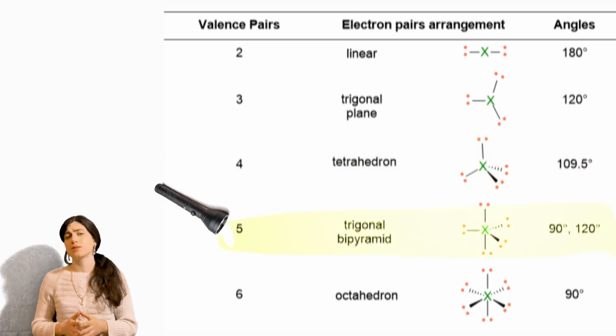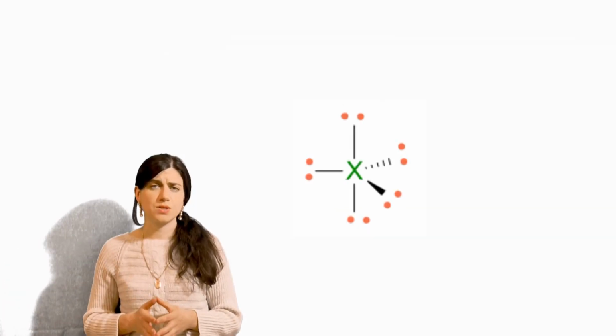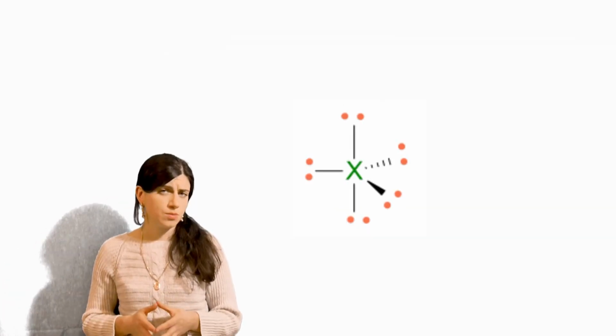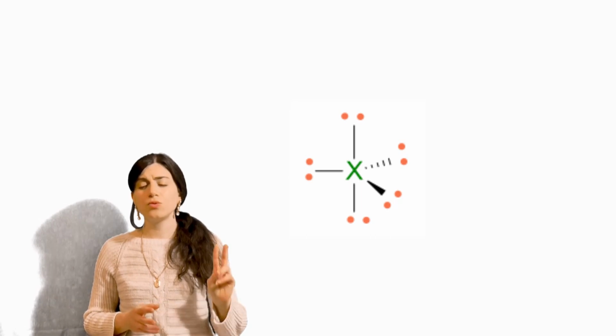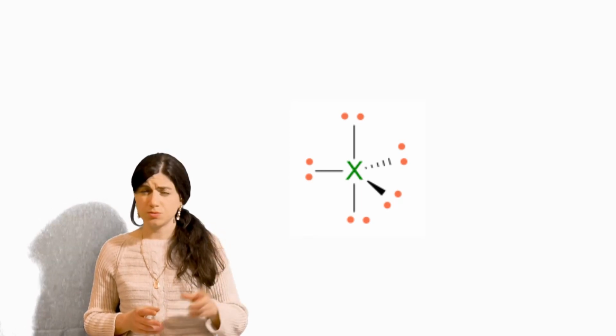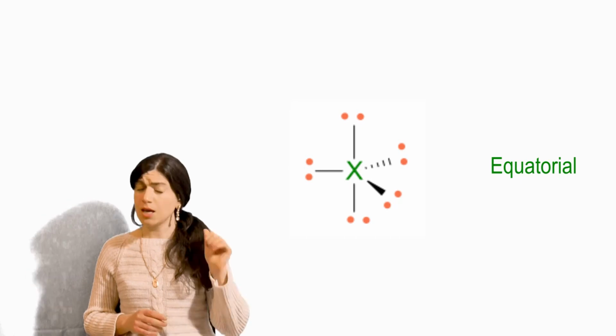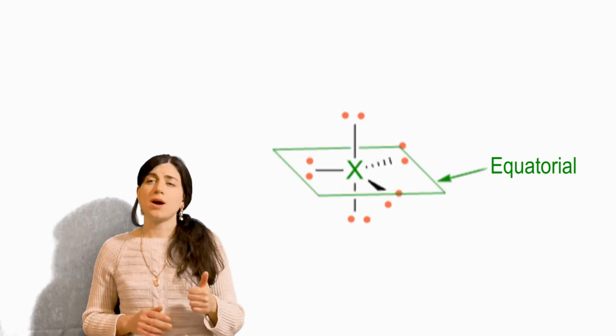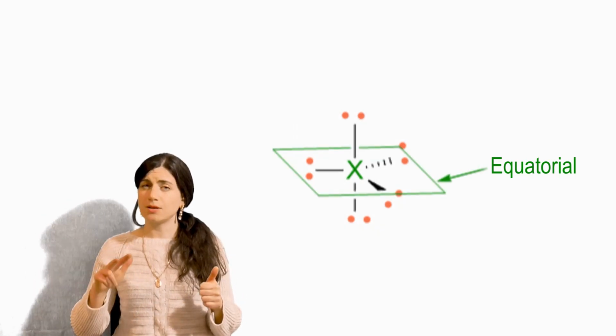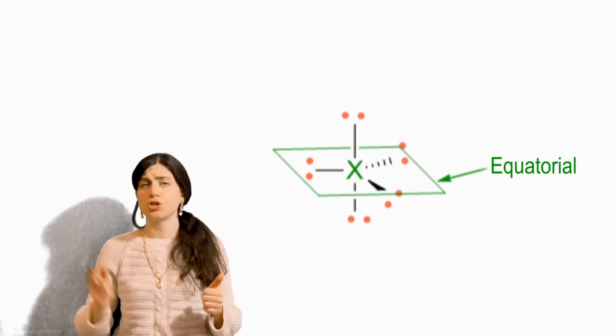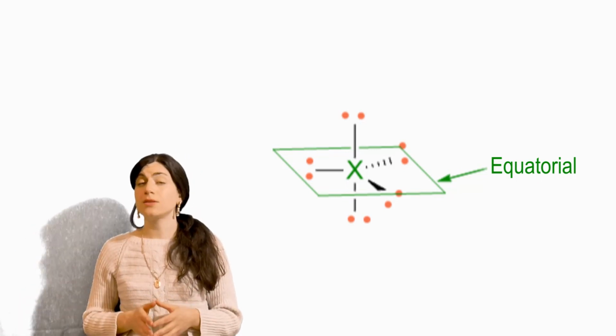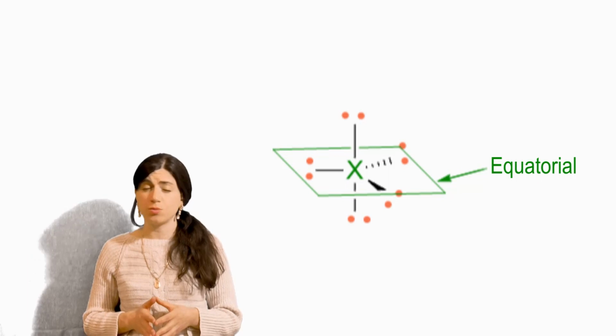5 valence pairs will give rise to the so-called trigonal bipyramid. Now, it's important to note that starting from 5 electron pairs around the central atom, there are 2 different kinds of position. In particular, we have the equatorial positions, which are the 3 pairs of electrons in the plane, and they are at 120 degrees apart from each other.